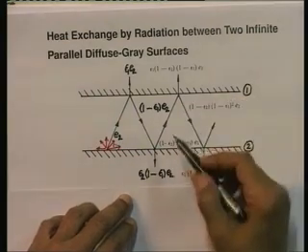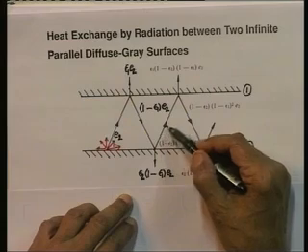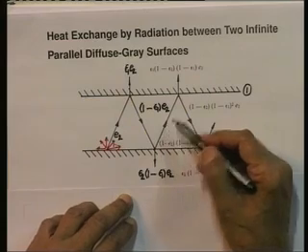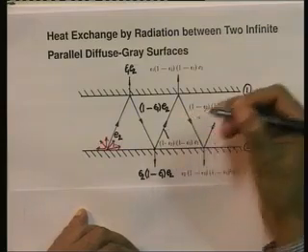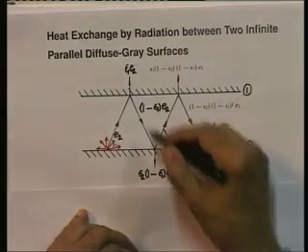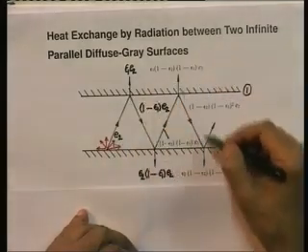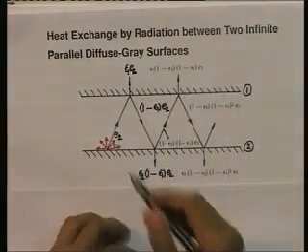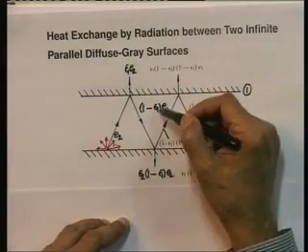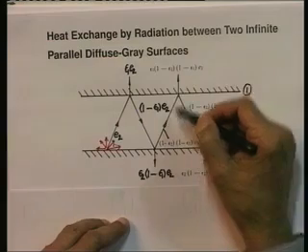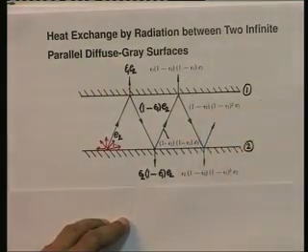The balance will get reflected, that will be 1 minus epsilon 2 into 1 minus epsilon 1 into E2, that is this quantity, and so on. So, as you can see, as the radiation goes back and forth, we will have a certain amount absorbed, reflected, absorbed, reflected, absorbed, reflected, and so on.